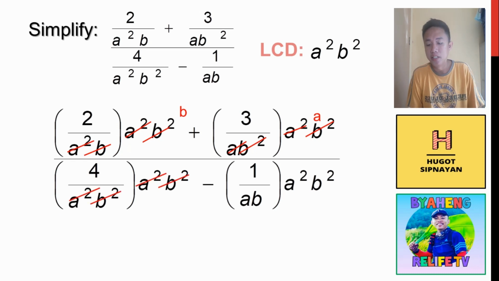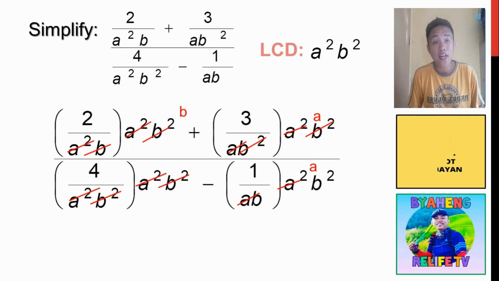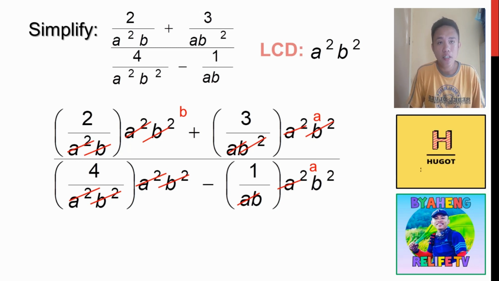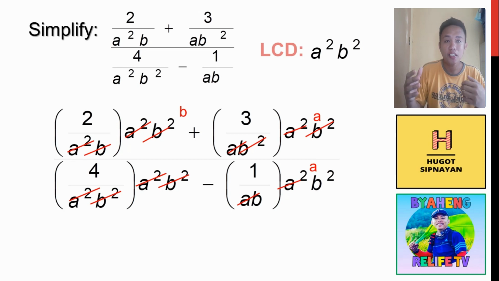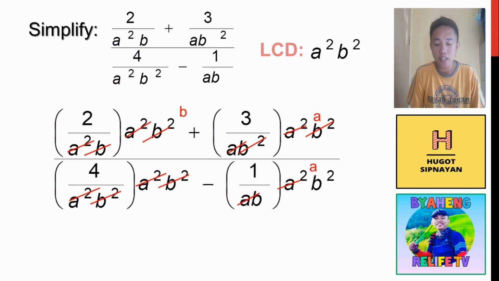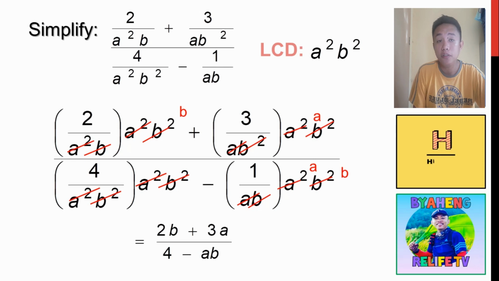Do you remember the law of exponents? We subtract exponents when we divide variables having the same base. We subtract their exponents when they have the same base. Well, b and b squared, b. So, what remains is 2b plus 3a all over 4 minus ab.